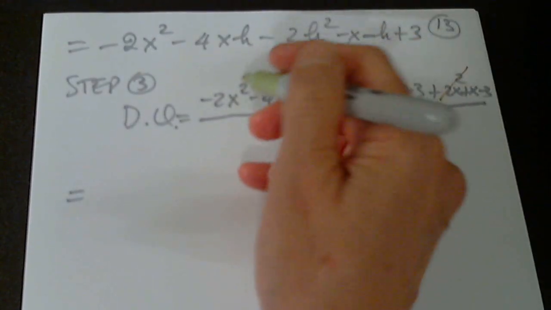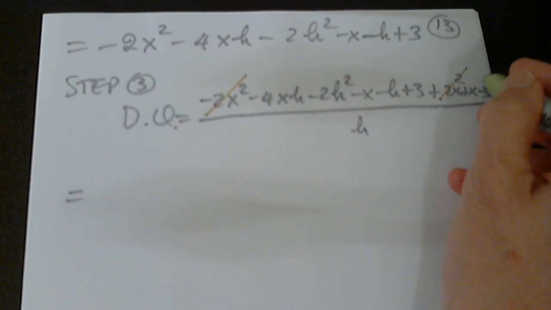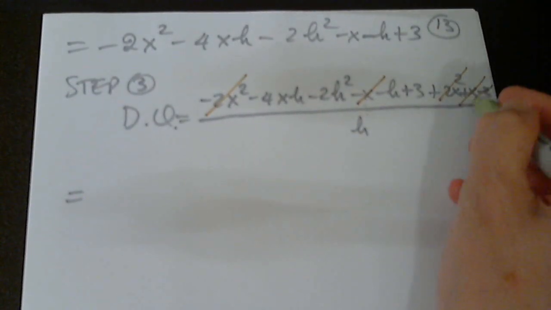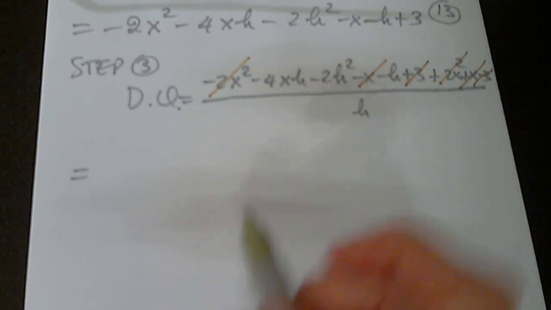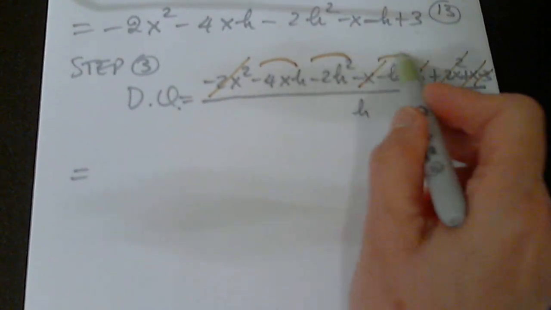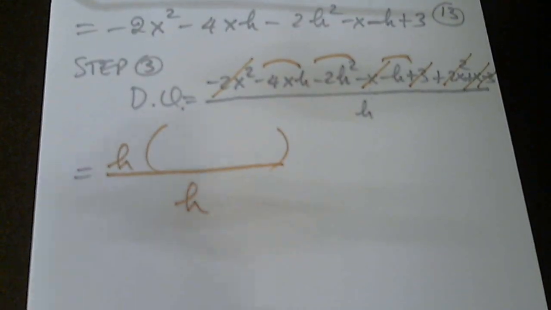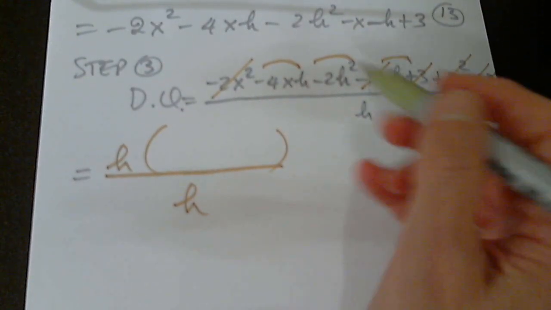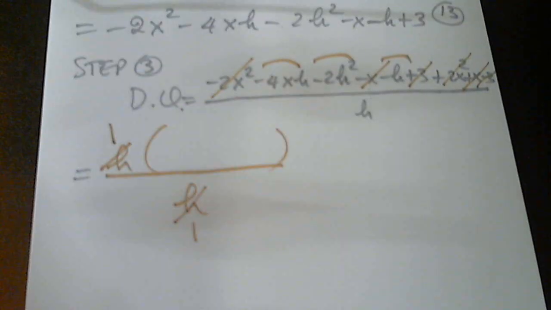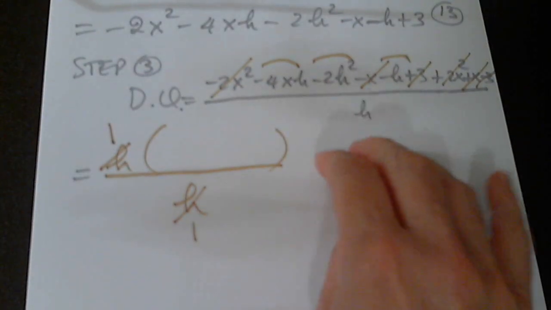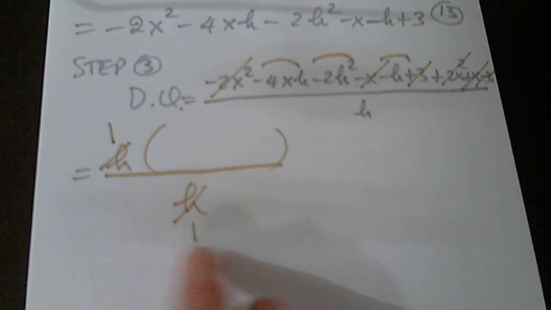So negative 2x squared with 2x squared, positive x with negative x, negative 3 with positive 3. The remaining terms must have h in common, because note number 2 requires that the h in the denominator go away. Not in the final answer, but this one from the denominator must go away.